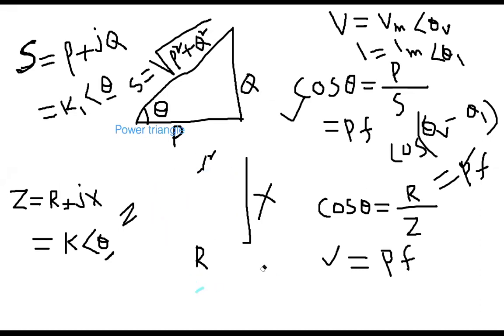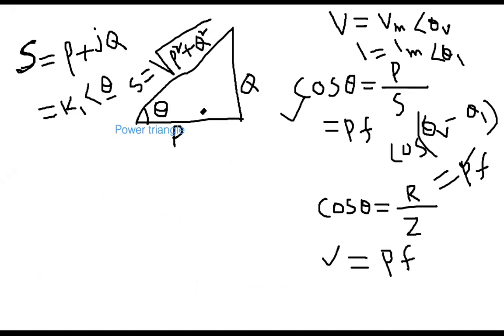let me delete a little bit. So everybody remember, the Z is R plus jXL minus jXC.